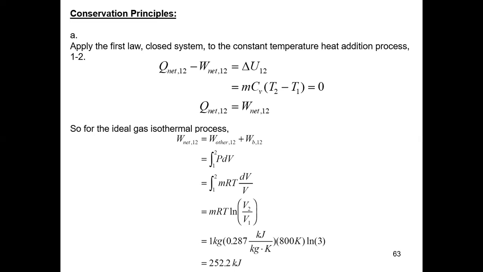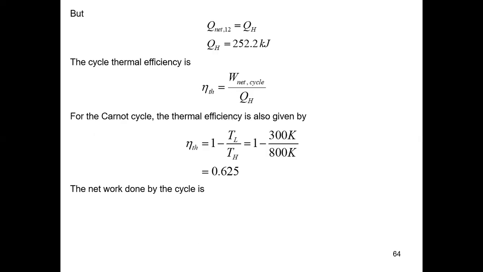So it's mRT, which is a constant, times ln of V2 over V1. Substitute the values and you get 252.2 kilojoule. So QH is equal to 252.2 kilojoule.